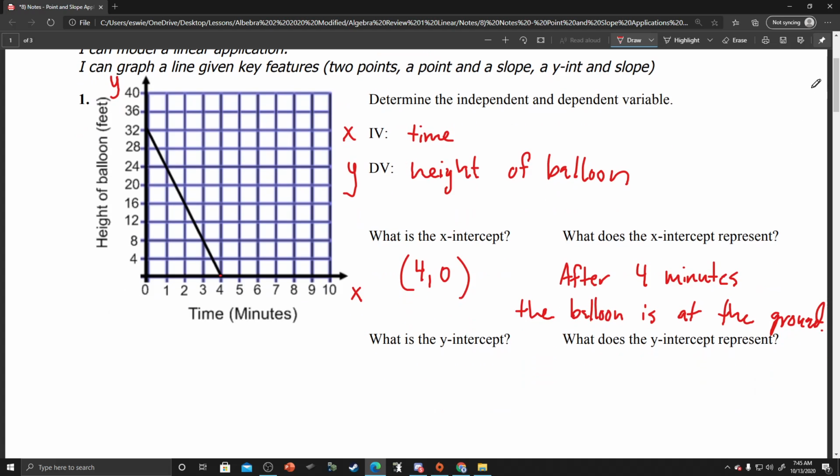And then you can ask the same thing about the y-intercept. So I look on my graph. Where does it cross the y-axis? It is 0, 32.